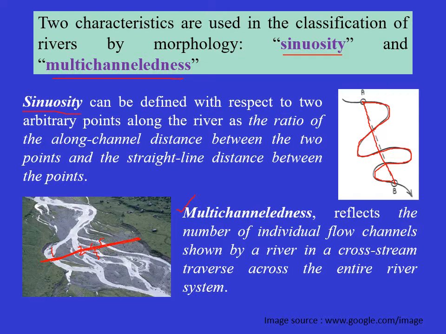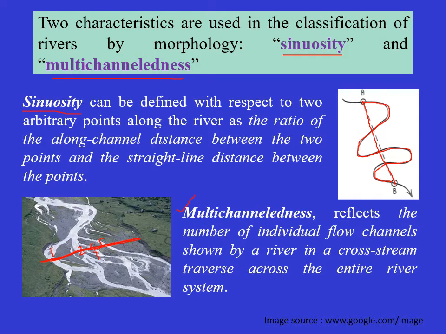So there are numerous smaller channels within the large river channel. These are the smaller flows, and in multi-channelness we have to count, we have to measure. So in multi-channelness we are just counting the number of these smaller channels across the stream.